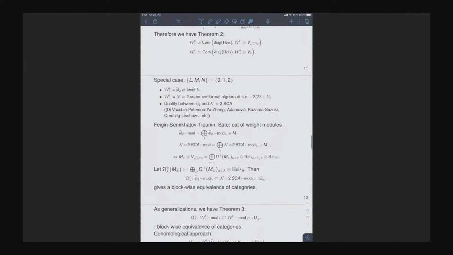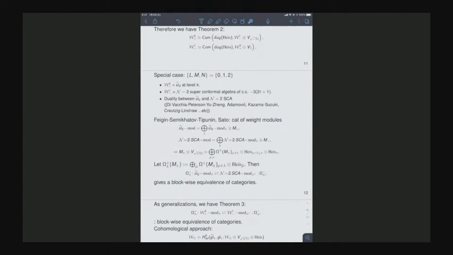And as I explained firstly, we take tensoring some lattice and decompose to some Heisenberg action and some multiplicity space. And then this multiplicity space has a module structure. If starting from affine sl_2, this multiplicity space has an N=2 superconformal module structure, and the opposite is true.